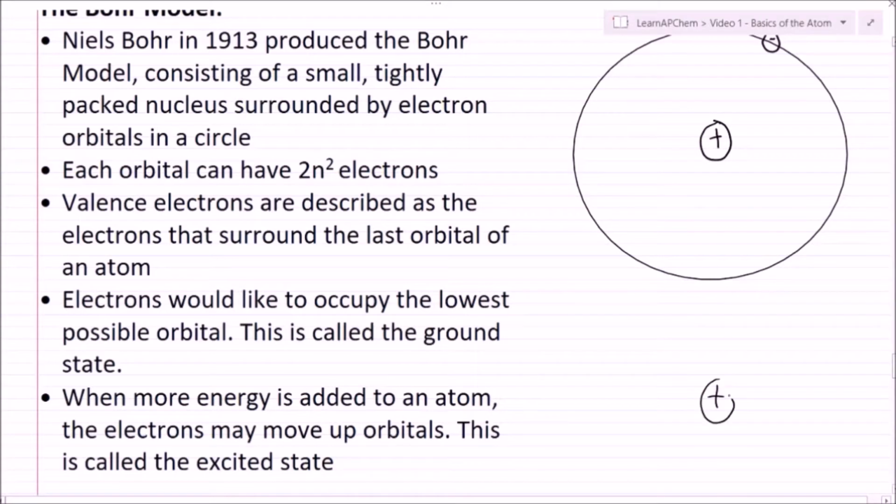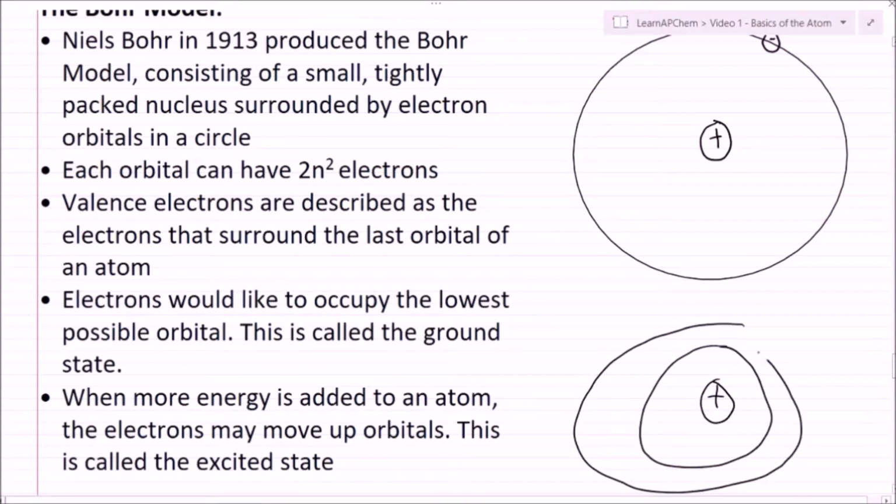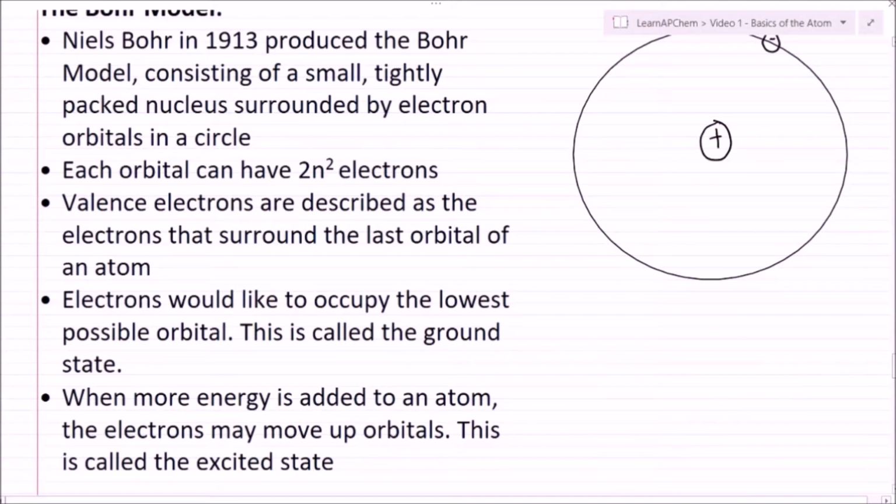So if I want to draw a little excited state here of hydrogen, we can draw this electron on the second orbital. But note that if you're asked to draw a Bohr model, you should assume ground state unless otherwise specified.